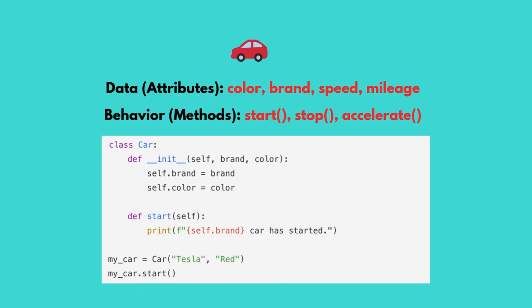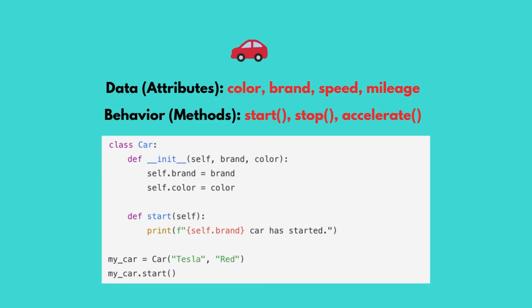Okay, these are all its data. And what will be the behavior? Behaviors are basically the methods. Okay, a method of a class, or a method of an object, that performs some operation. Like for a car, we have a start operation, a stop operation, and an accelerate operation. Okay, so these are some behaviors.